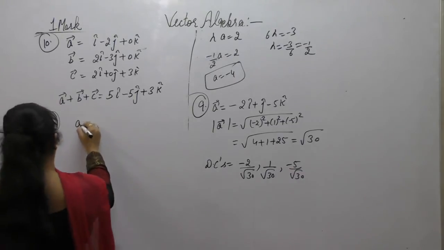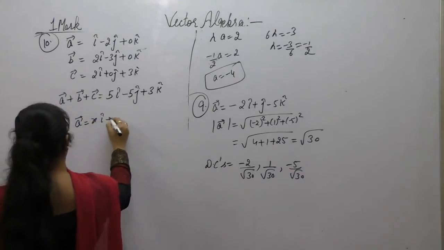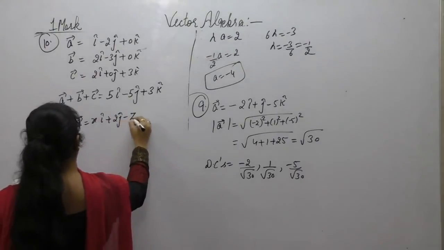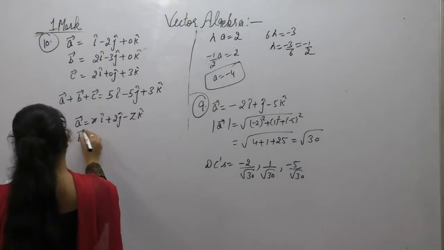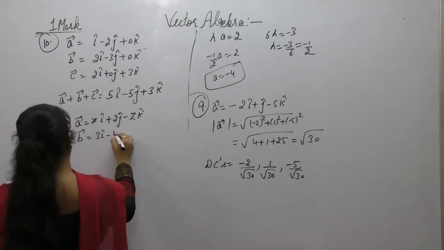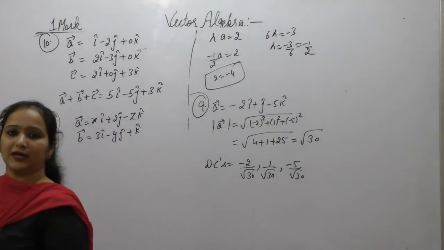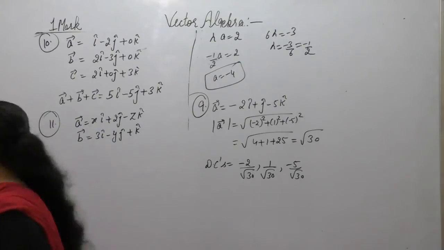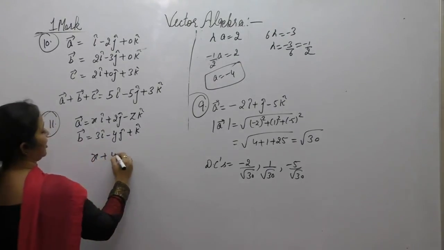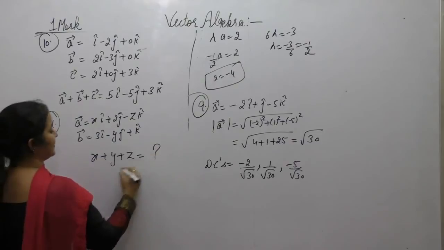Next one: if A vector is xi plus 2j minus zk and B vector is 3i minus yj cap plus k cap are two equal vectors, then write the value of x plus y plus z.